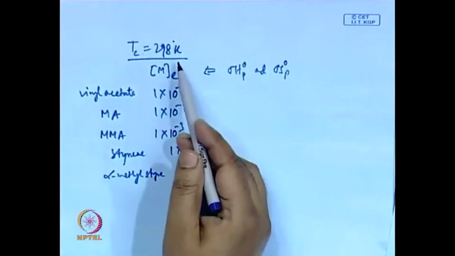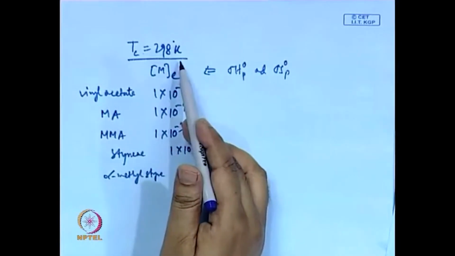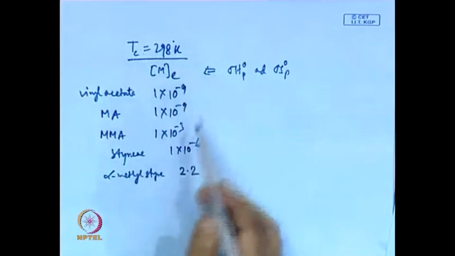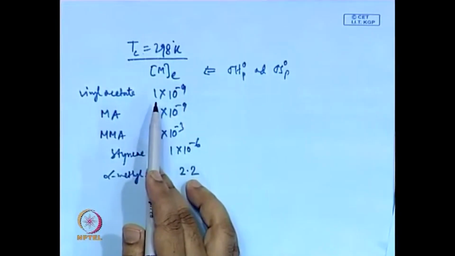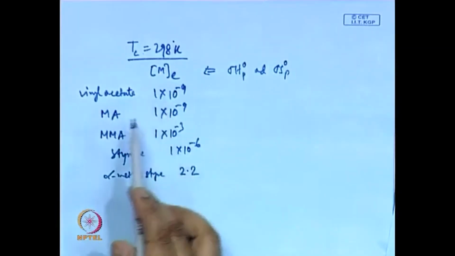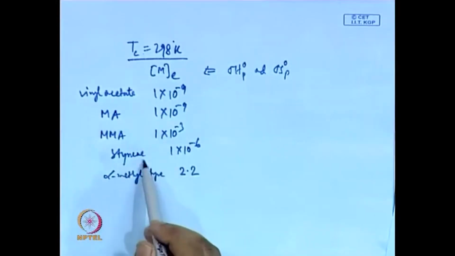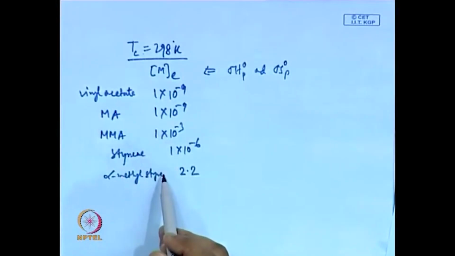So, if you carry out a polymerization reaction of these monomers at 25 degree centigrade, the reaction will stop, or in an accurate sense reach equilibrium, when your monomer concentration comes down to this level.